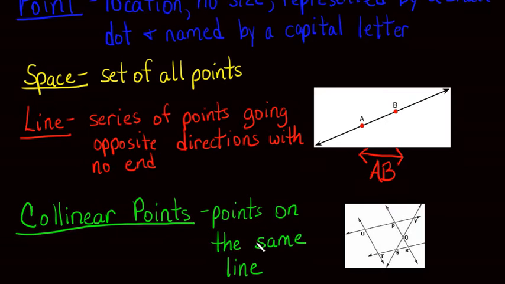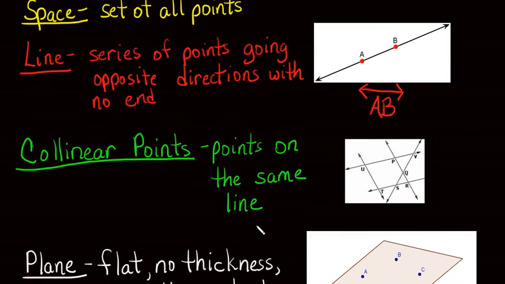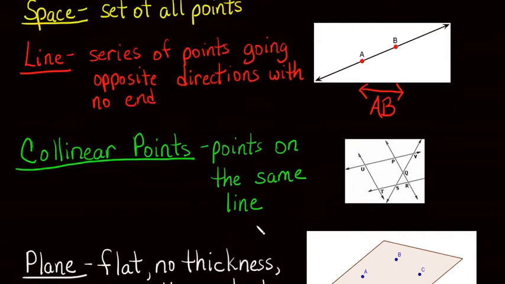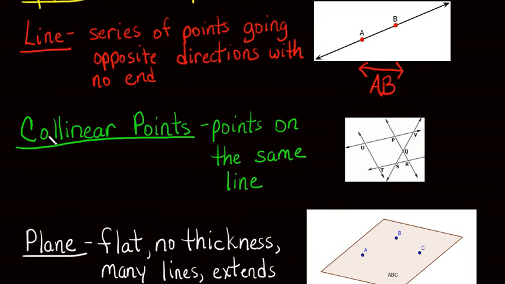All right, something else you will hear in geometry, and if I'm going too fast, remember you can pause it, catch up, and then start again. Collinear. If we think co, and you see line, co means together. So collinear points are points that are on the same line.